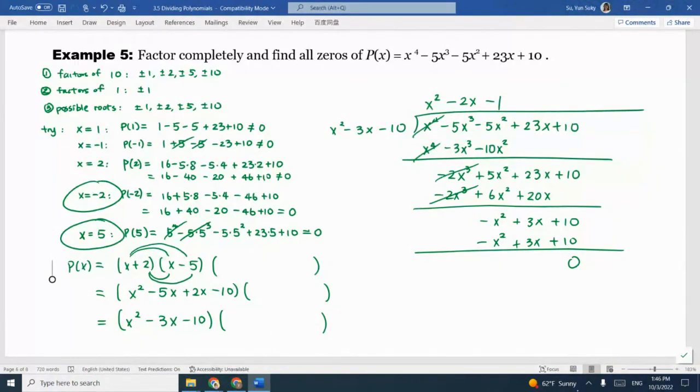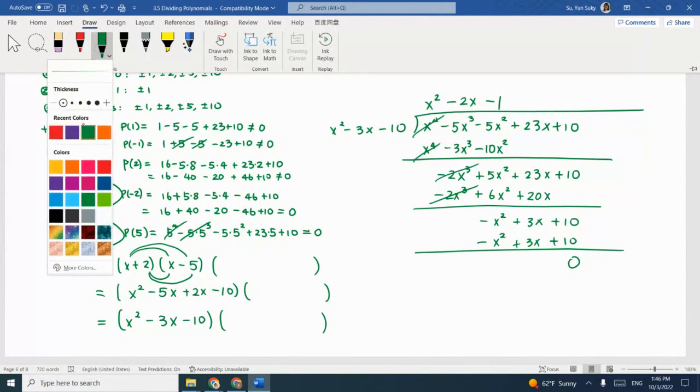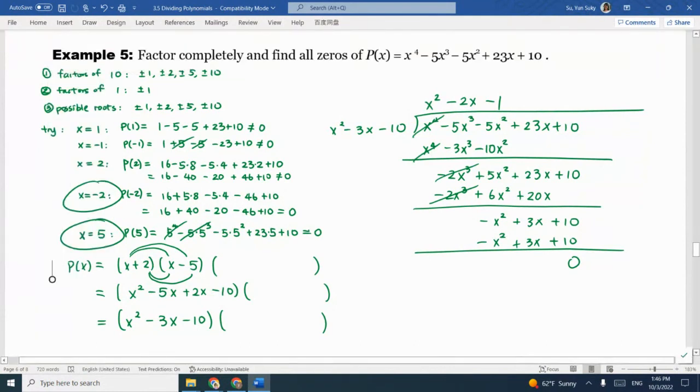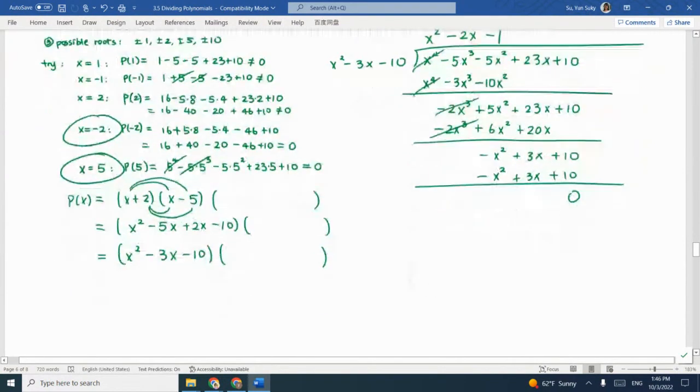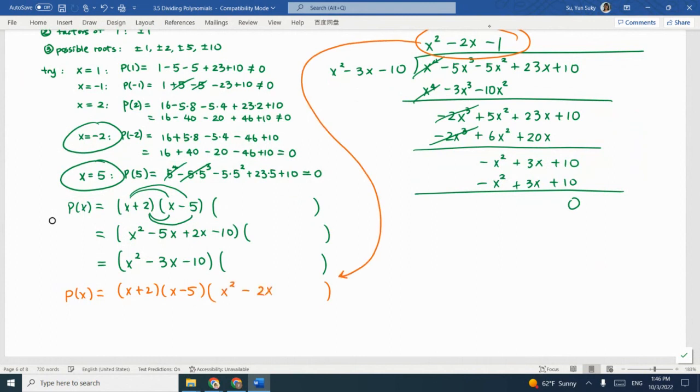So therefore, okay, we can rewrite P of x is x plus 2, x minus 5, and now the remaining quadratic factor is, put it down, x squared minus 2x minus 1.